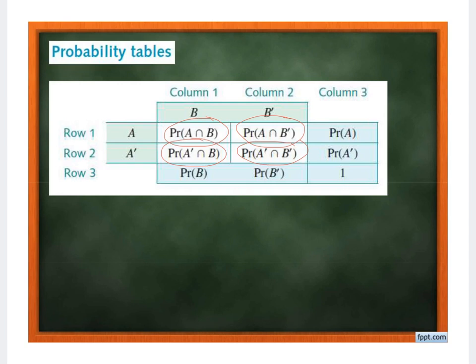This one is the total probability of B. This one is the sum of probability of B complement. This one is the sum of probability A. This one is the sum of probability A complement. And the sum of all probability is 1.